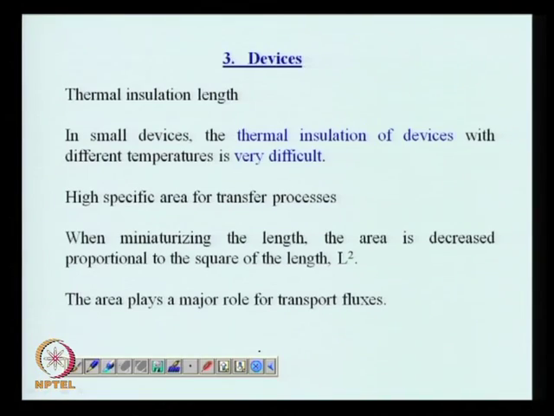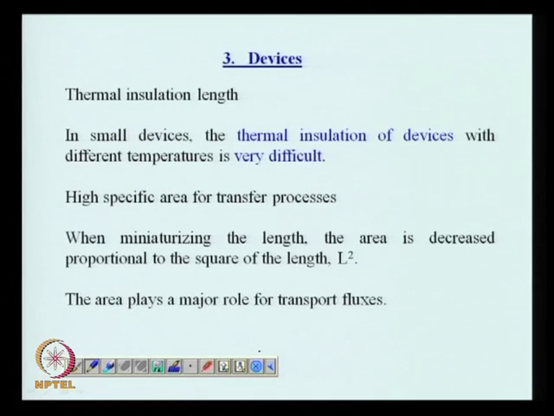But since these channels are very close to each other, if I cannot insulate these two properly, then there is going to be a temperature homogenization effect as a result of enhanced heat transfer, which is detrimental to the overall efficiency of any such device. So, how do we thermally insulate? It is extremely difficult.